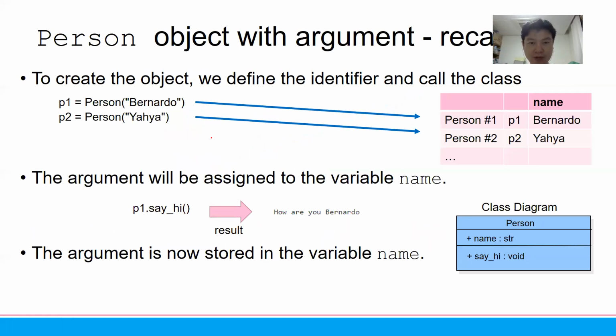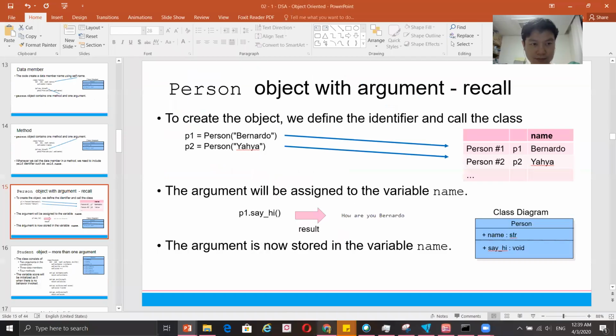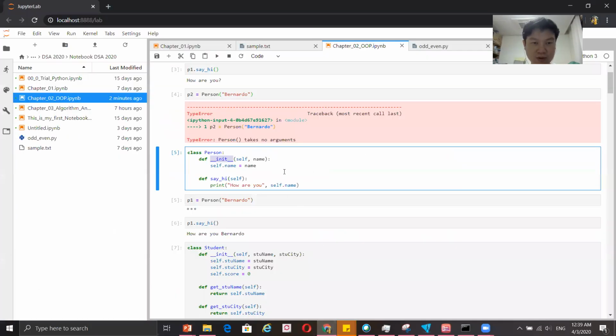So let's say we have, I will write this one with the argument. Now I have the initial, or this is the constructor, and there is one argument, name.